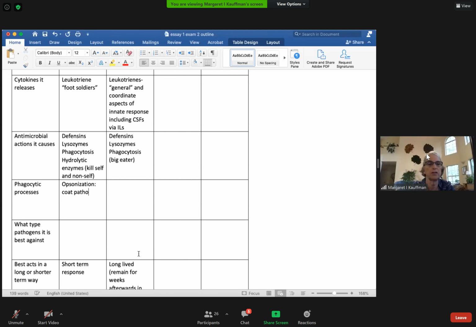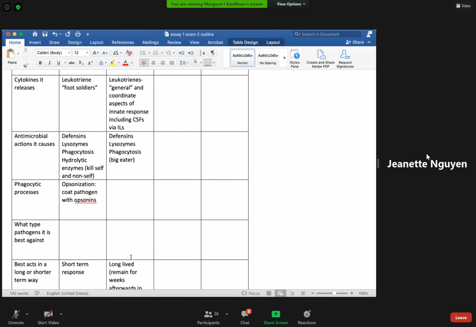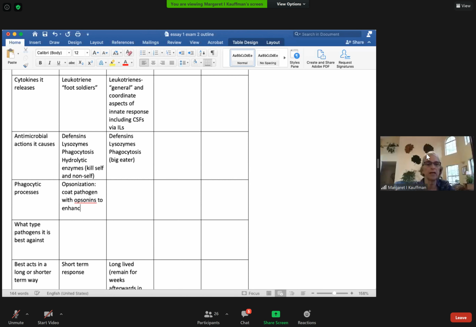Coat pathogen with, and we'll call them opsins because there's more than just antibodies. And why do you do that? To enhance phagocytosis.